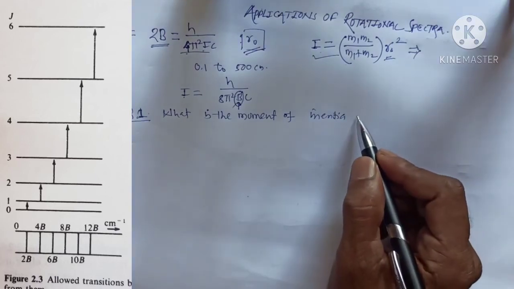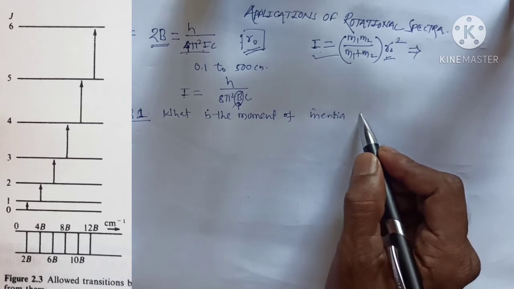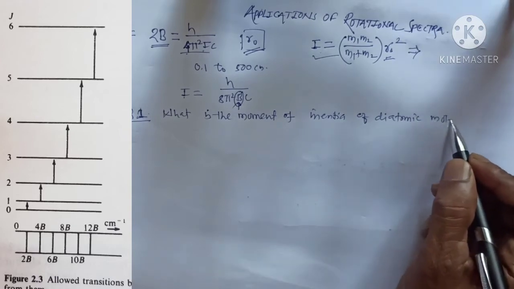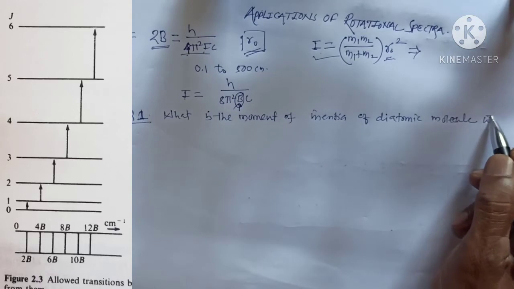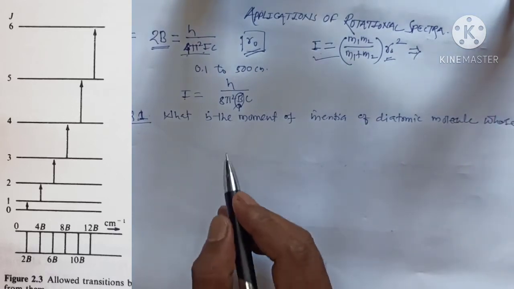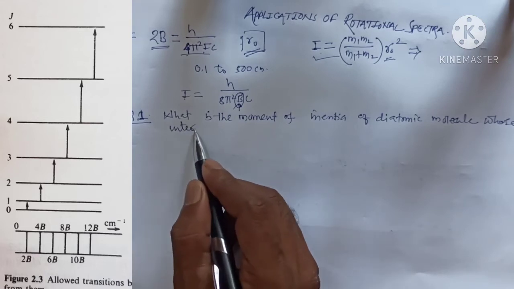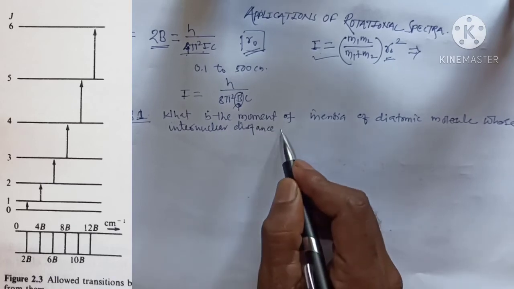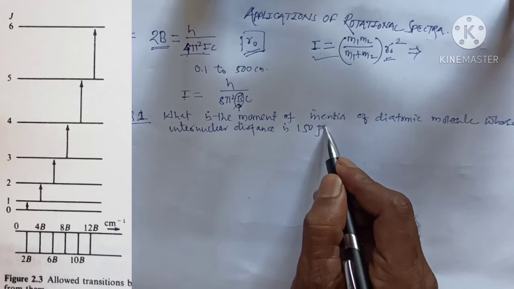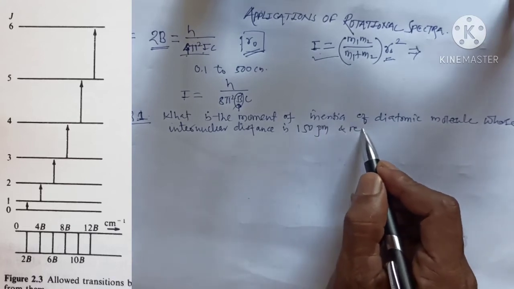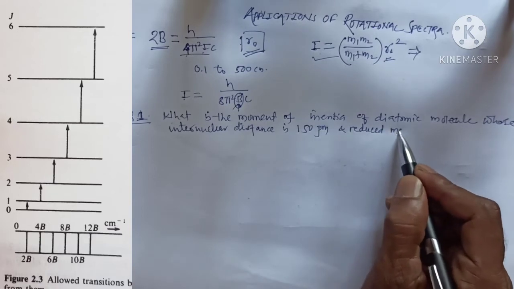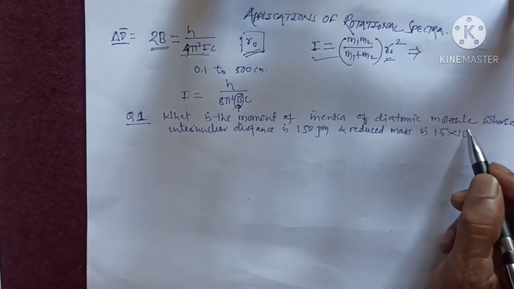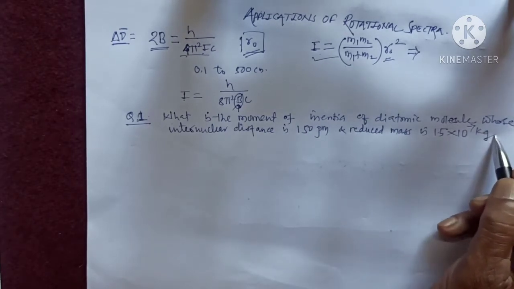What is the moment of inertia of a diatomic molecule whose internuclear distance is 150 picometer and reduced mass is 1.5 into 10 raised to minus 7 kilogram.